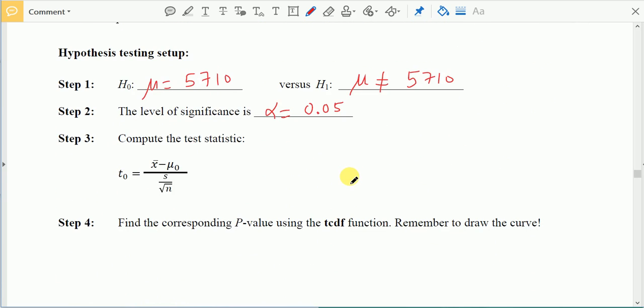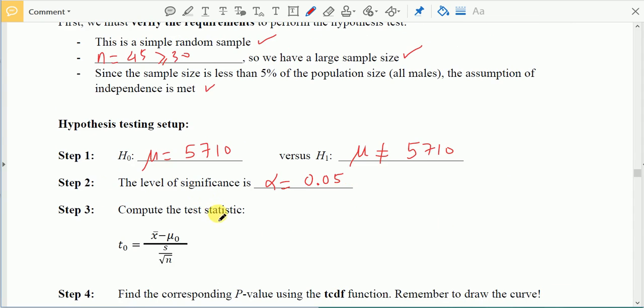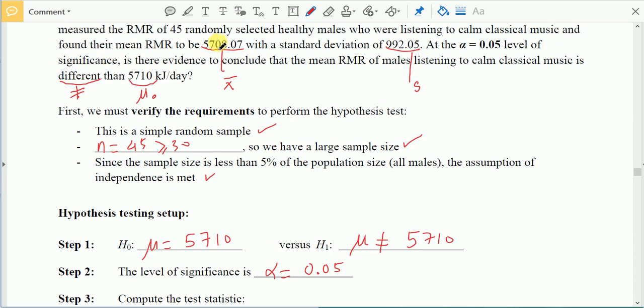Now, after we gather all the info, we have to compute the test statistic, or T0. X bar is the one that they came up with, 5708.07, the new mean, right?